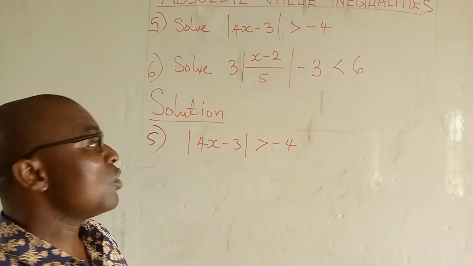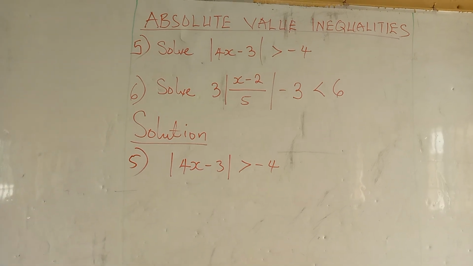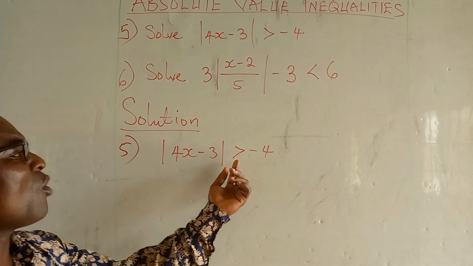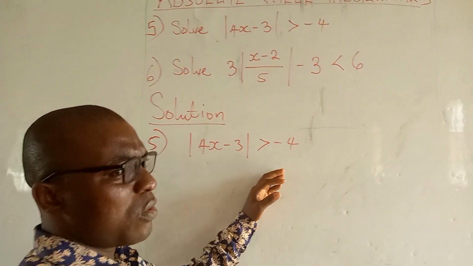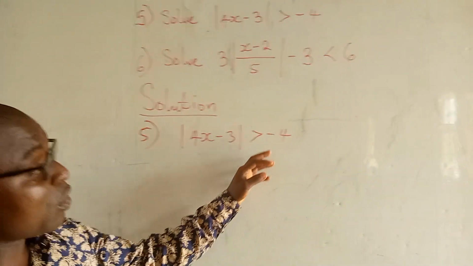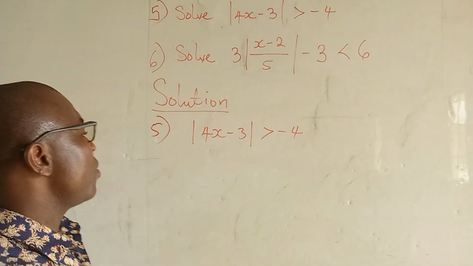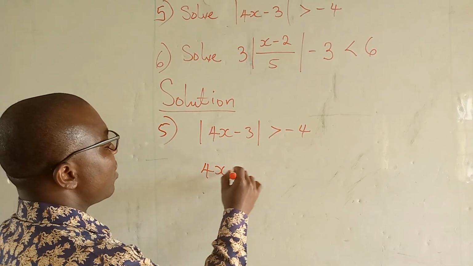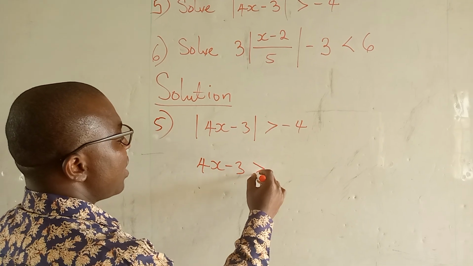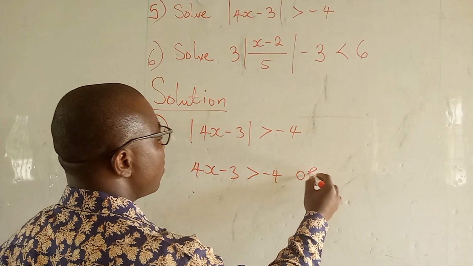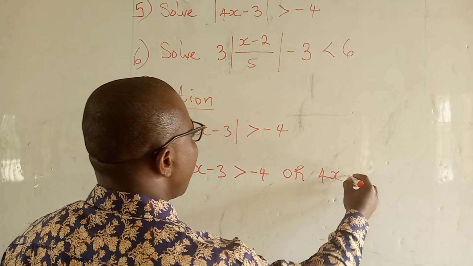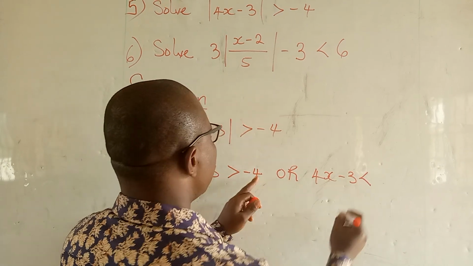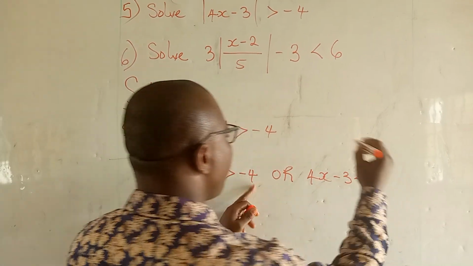But assuming you don't know that that is the answer and you want to solve it, you can still solve it. Recall, if you go through part 1, I made a statement that when it involves greater than, you use the word or. So looking at this expression, it can be written as 4x minus 3 is greater than minus 4, or 4x minus 3, you change the sign and also change the sign of this number, so it will become positive 4.